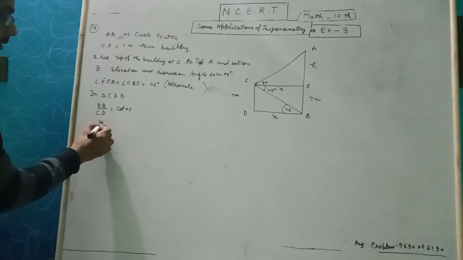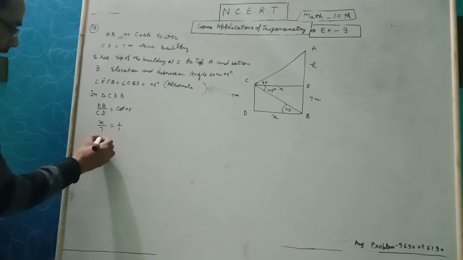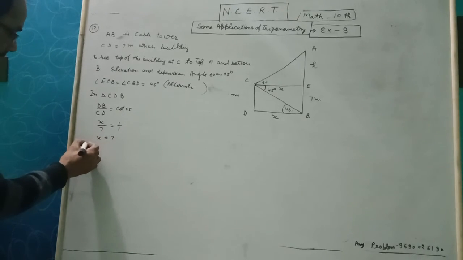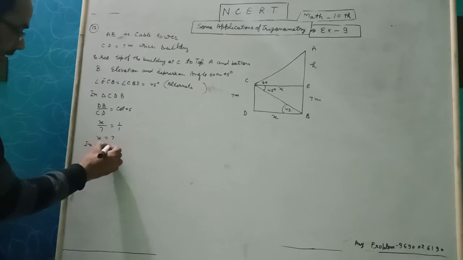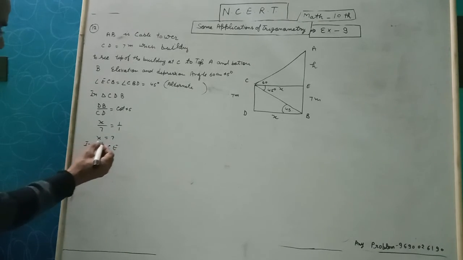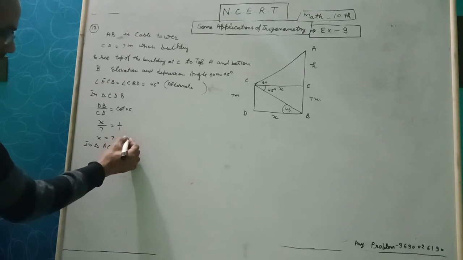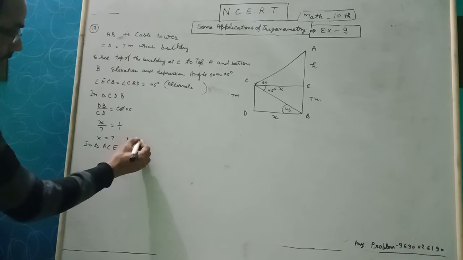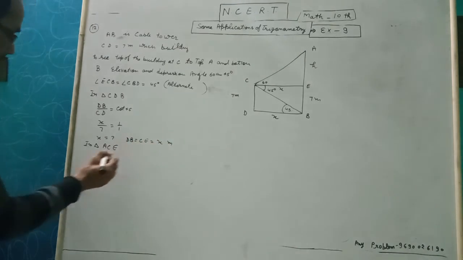BD value X upon 7 is equal to cot 45 is equal to 1 upon 1. After cross multiply, X is equal to 7. In triangle ACE, DB is equal to CE is equal to X meter.